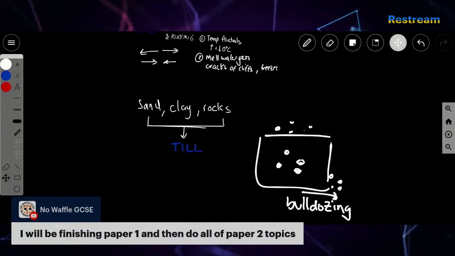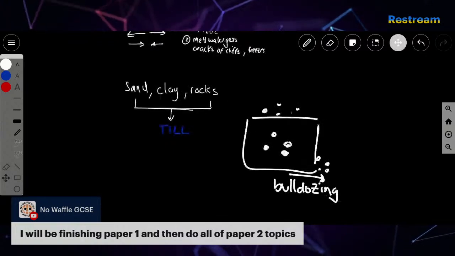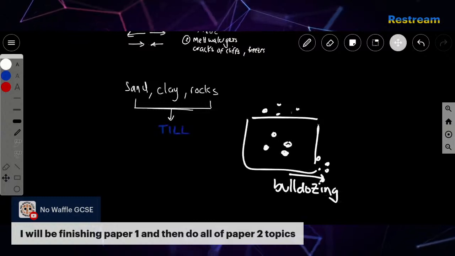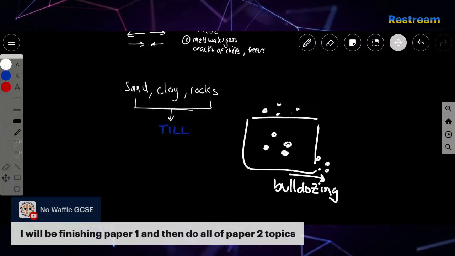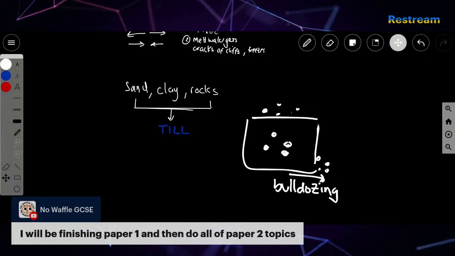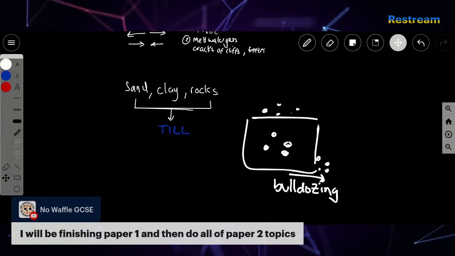Now, if a glacier is overloaded with material, or when the ice begins to melt, the material is eventually deposited on the valley floor, forming landforms such as moraines and drumlins. Now, we're going to look at them in a second, so don't worry if they don't sound familiar to you.